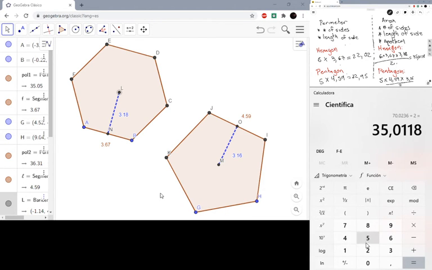So it is 5 times 4.59 times 3.16 equals, divided by 2, 36.261 square units, because it's area. And that is what you have to do for all of the regular polygons when you have to find the area.